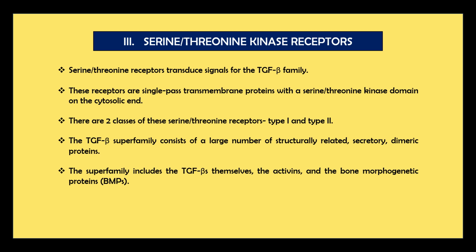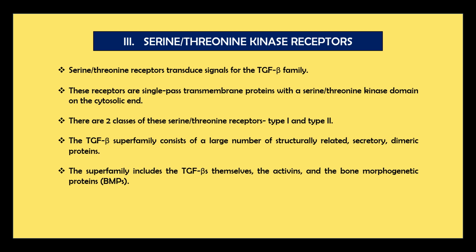The TGF beta superfamily consists of a large number of structurally related secretory dimeric proteins. The superfamily includes the TGF betas themselves, the activins, and bone morphogenetic proteins, that is BMPs. The BMPs constitute the largest family, and each member of the TGF beta superfamily binds to a characteristic combination of type 1 and type 2 receptors, both of which are required for signaling.